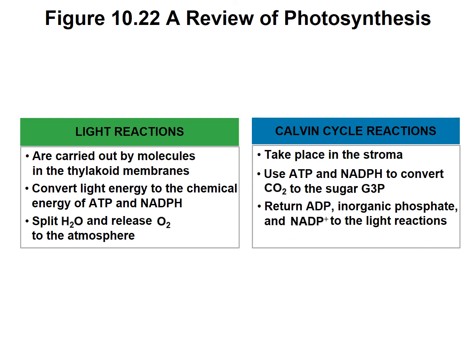The Calvin cycle reactions are taking place in the stroma. The ATP and NADPH that were produced in the light reactions are used to convert carbon dioxide to the sugar G3P. It's then going to return ADP, inorganic phosphate, and NADP+ to the light reactions. So we're going to have the cycle continuing.